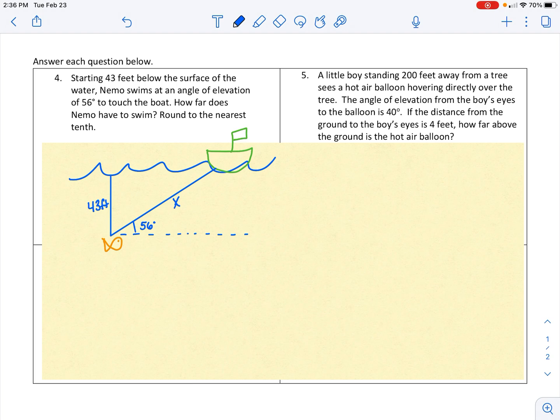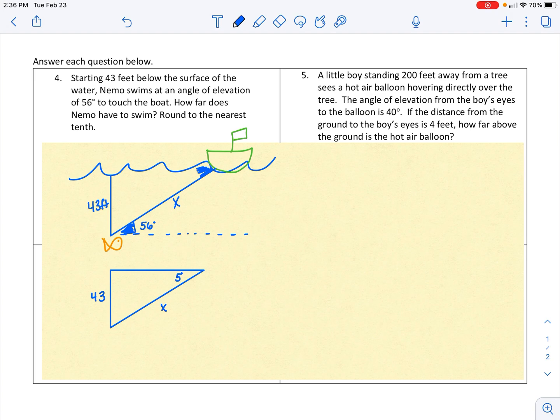So in order to find that, I'm going to break this apart so that I have my triangle. I have 43, I have X, and then I had that 56 degree angle here. That 56 degree angle is also going to be here because those are alternate interior angles.